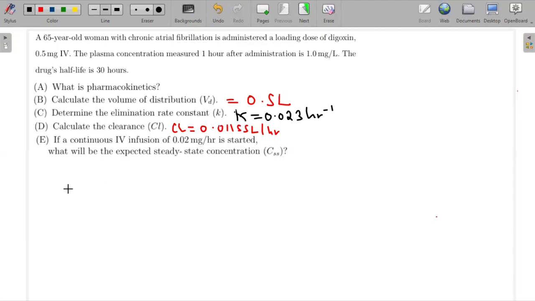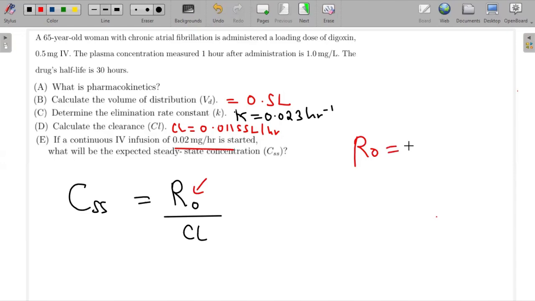So steady state concentration, CSS, is given by the formula R naught divided by the clearance. The R naught here represents the infusion rate. And from part E, they've said if a continuous IV infusion of this, so this is the infusion rate. So R naught, we're just going to say it's 0.02 milligrams per hour.